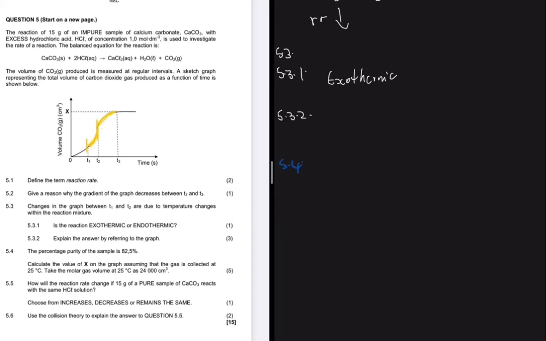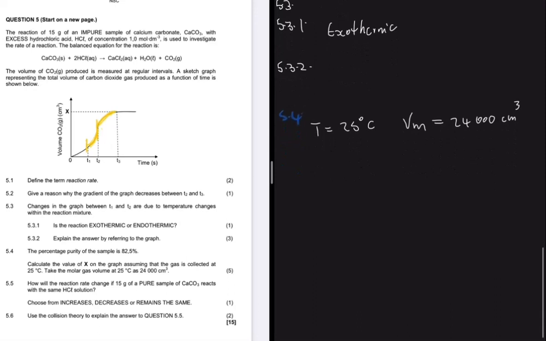So we have T equals 25 degrees Celsius, and the molar gas volume Vm equals 24,000 centimeter cube. So we're supposed to calculate the volume of CO2 at X.